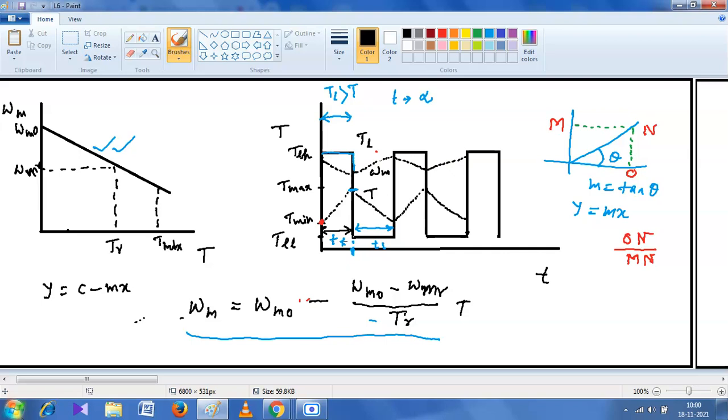th के बाद वो शुरू होता है, खत्म होगा tl पे। Actually, the starting time is th and the ending time is th plus tl.